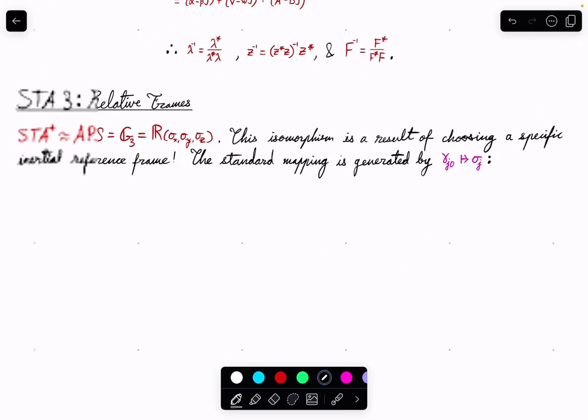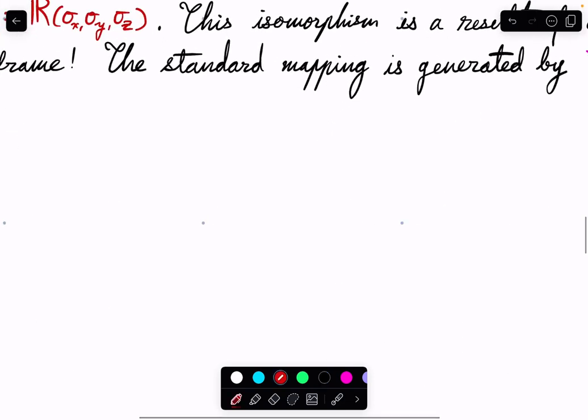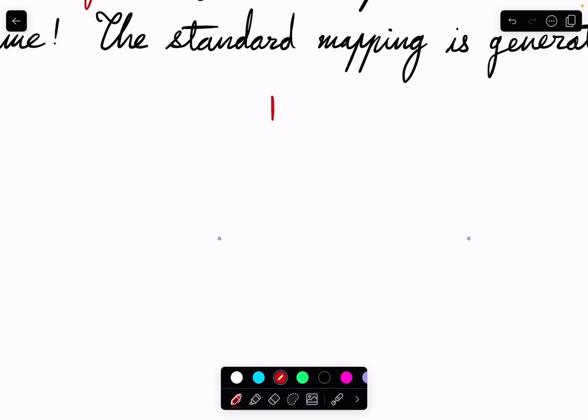So this results in the following mapping. You end up with 1, gamma 1 naught, gamma 2 naught, gamma 3 naught, and then gamma 1 2, gamma 2 3, gamma 3 1, gamma 0 1 2 3.